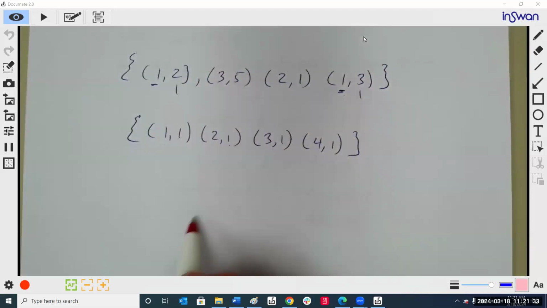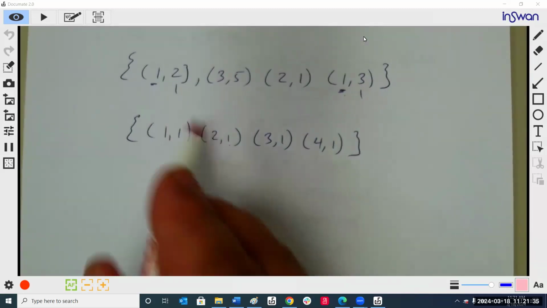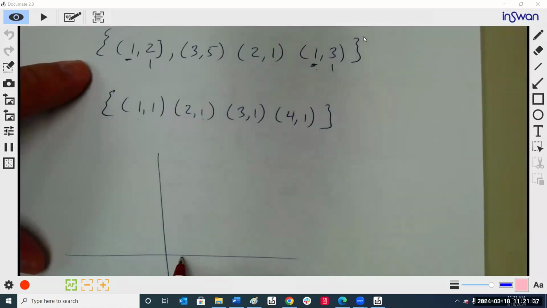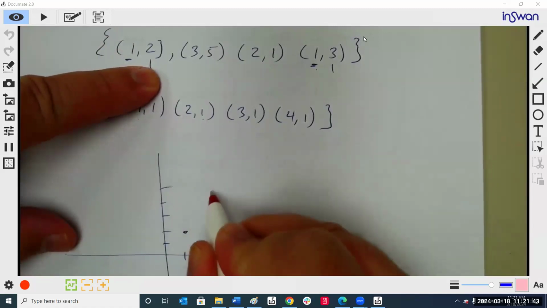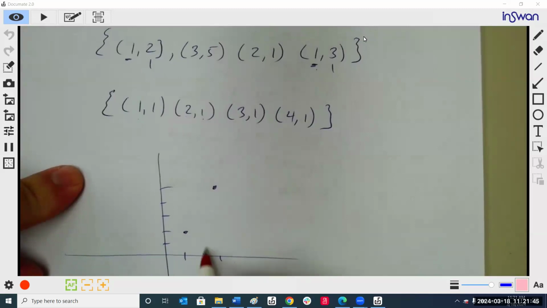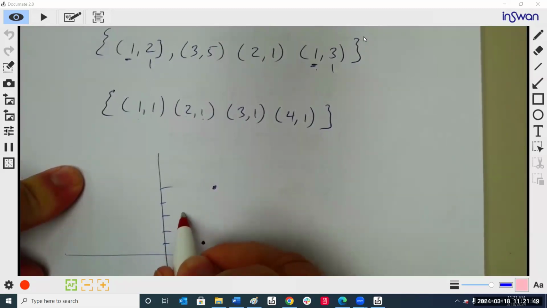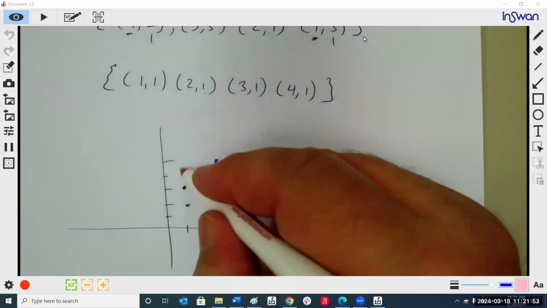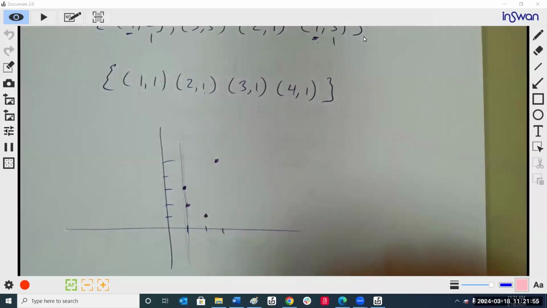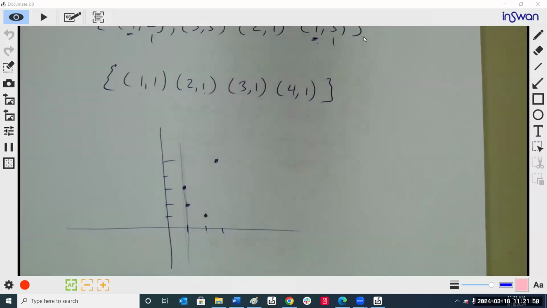Let's look at how it looks graphically. If we took this first and graphed it, we'd have 1, 2, we have that point. We have that point. 2, 1, and then 1, 3. Remember we talked earlier about the vertical line test?